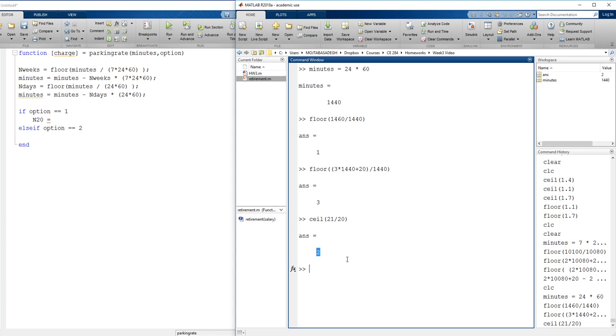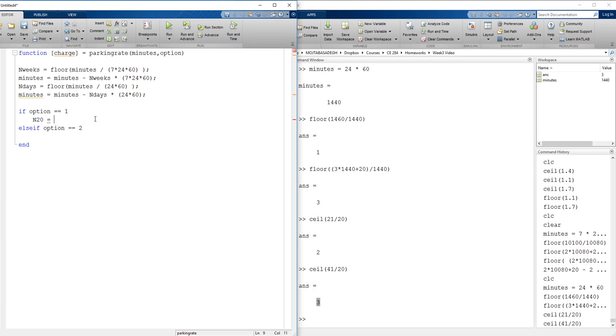The second one is $1. If I have 41 minutes, I'll have three fractions. First one is $3, second one is 1, third one is 1. So I have a total of $5. So I calculate this as ceil of minutes divided by 20. That's how many fractions of 20 minutes I have.